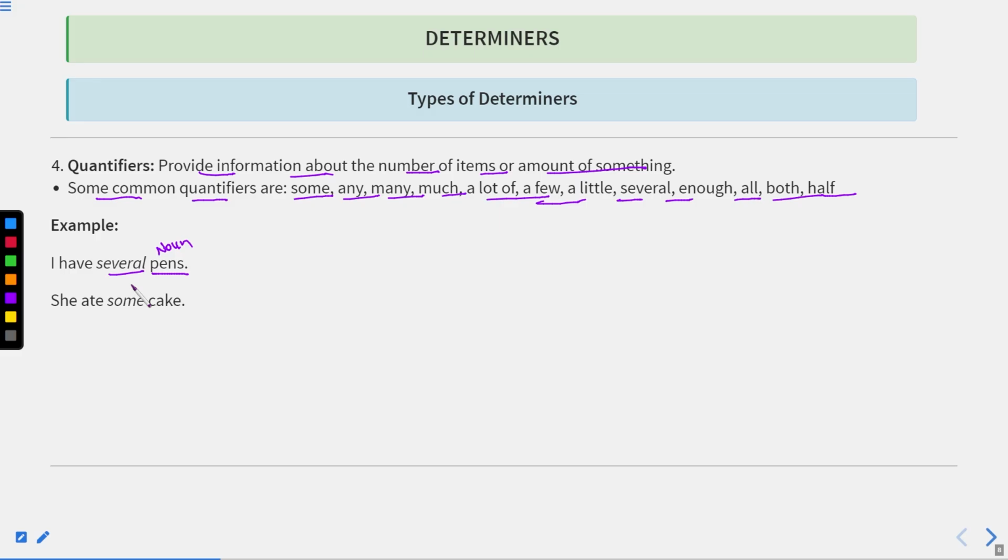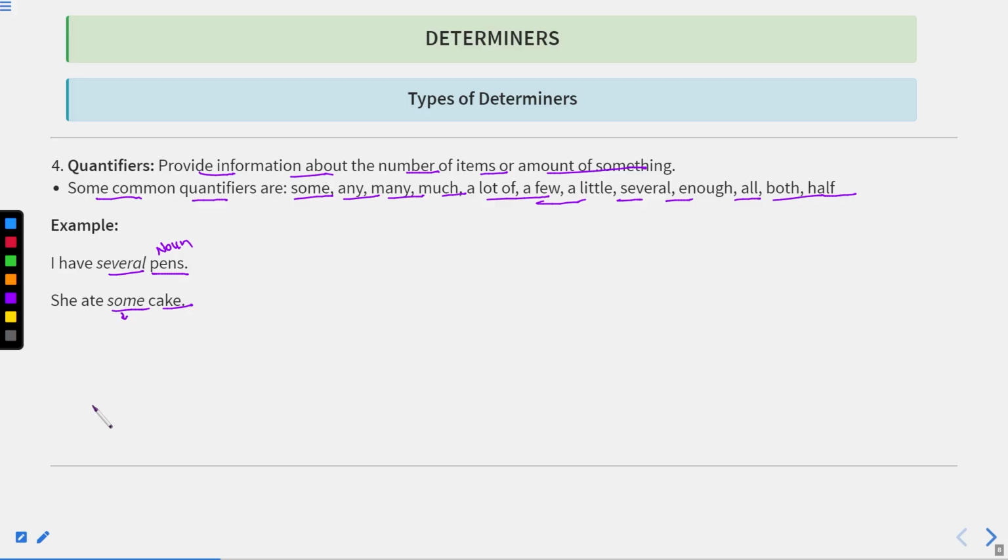No. That means it is an indefinite number, an indefinite adjective, or you can say an indefinite quantifier, which cannot tell me the exact number of something. It is used for countable nouns. Now, she ate some cake. Cake is uncountable, so I have used some for a little.